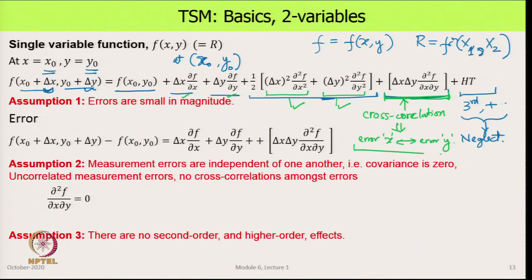This is an important subclassification of Taylor series method, and this cannot always be neglected. So, we have to take care of this. But in this course, which is a basic course, we are looking only at uncorrelated errors.